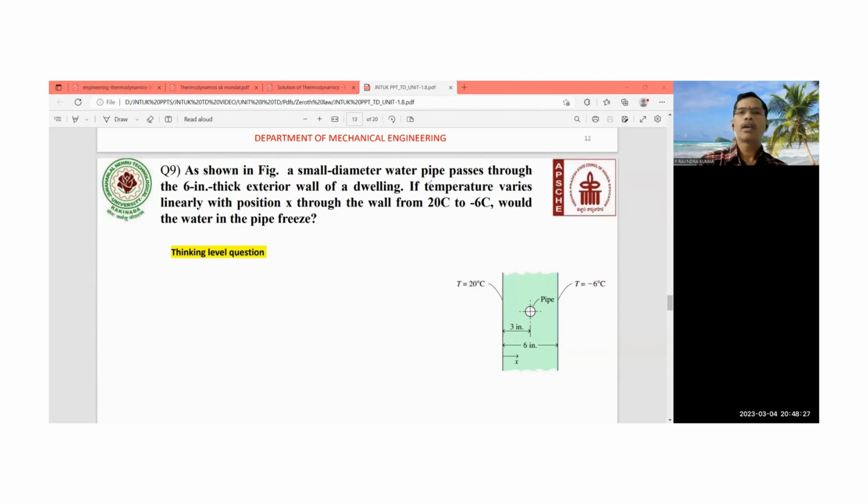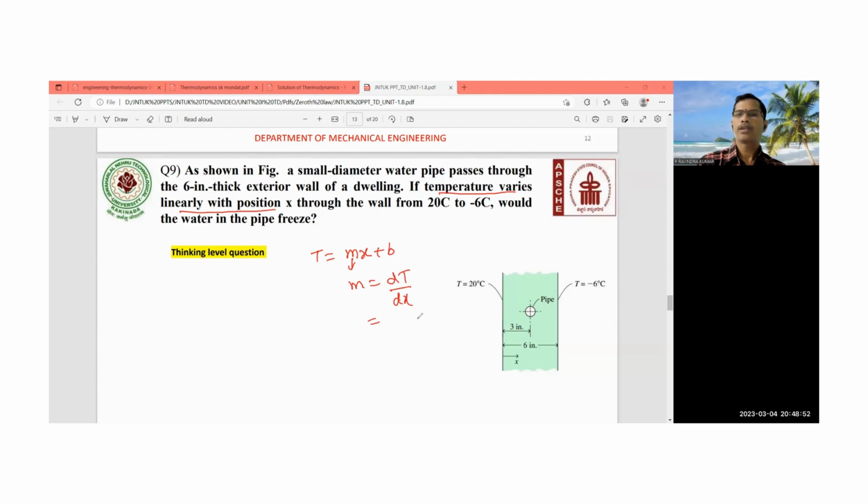Here it is mentioned that the temperature varies linearly with the position x. So in this particular case you can take the temperature as mx plus b, or mx plus c, where m is the slope. That slope is the change in temperature divided by the length.